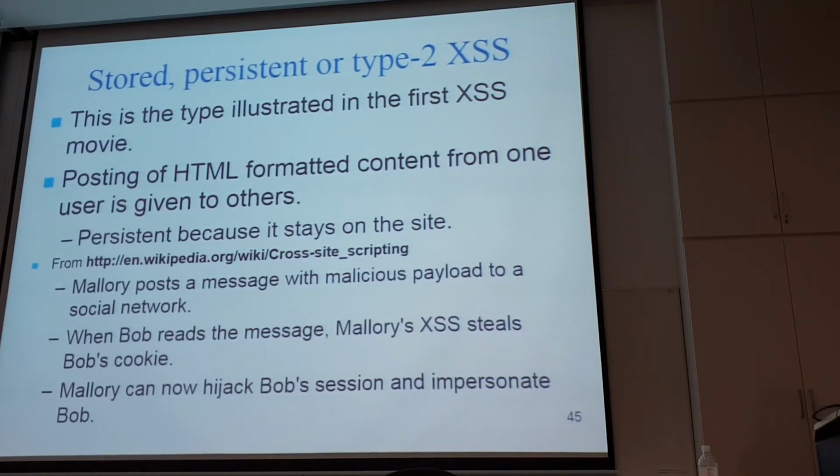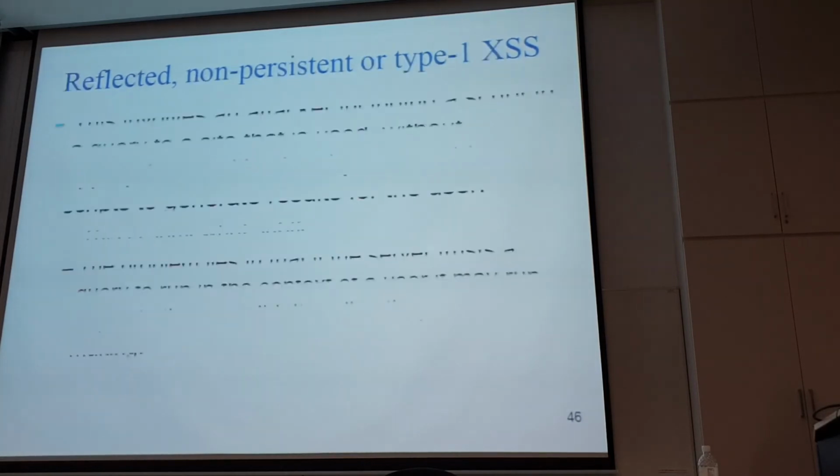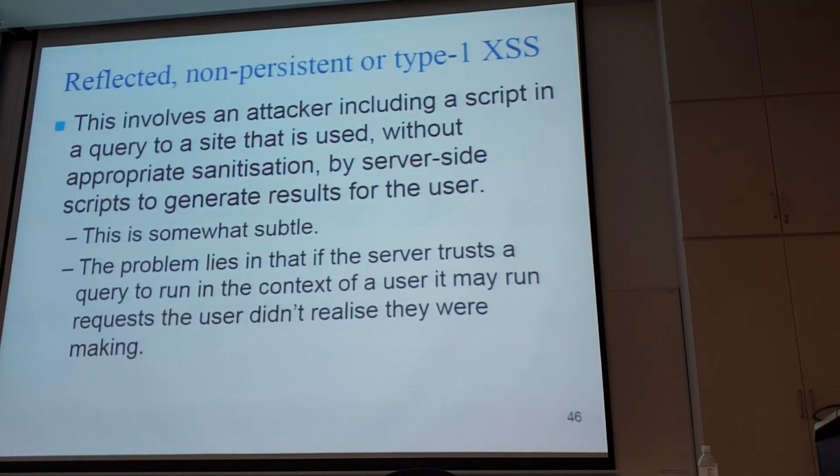If this malicious code steals the cookie of Bob, then the attacker can hijack Bob's session, because the attacker can simply use the cookie to impersonate the victim. In this case, the cookie will allow the server to let this attacker access information Bob originally could access.